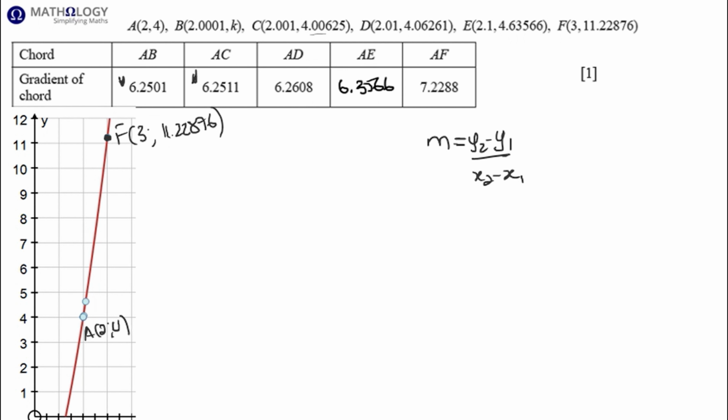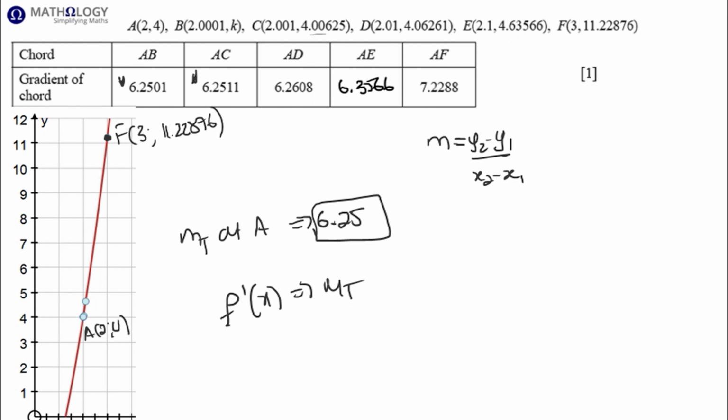So it stands to reason that the gradient at point A, so the gradient of a tangent at point A, would approach 6.25. And that's what we're looking for. So f prime x represents the gradient of a tangent to a curve.